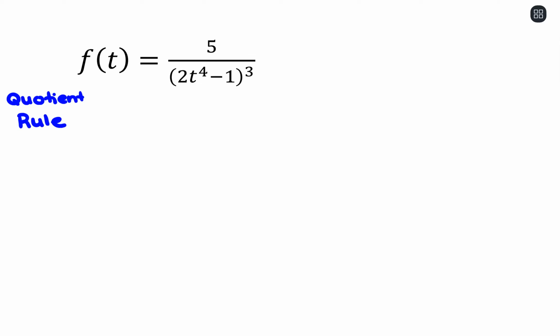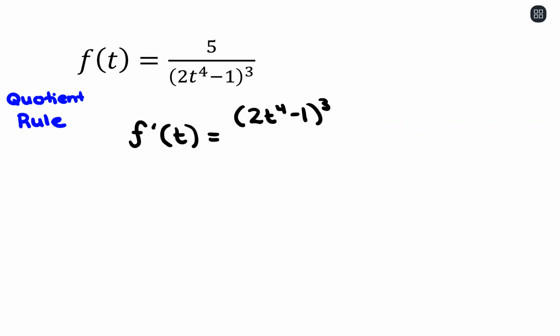So when we use the quotient rule, following our rule, we go low d high. So we're going to have 2t to the 4th minus 1 cubed.